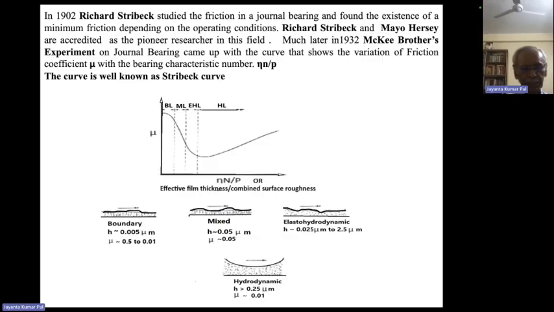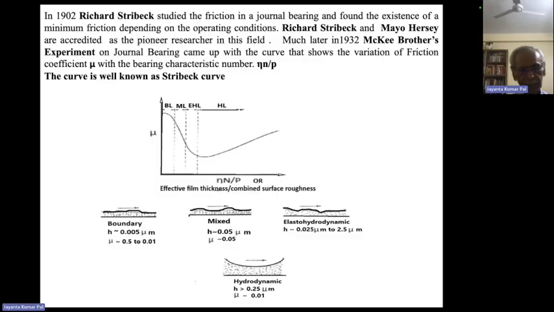Hydrodynamic lubrication, where the surfaces are fairly separated, and there should ideally be no contact. And here the film thickness is fairly high and friction is also fairly low.